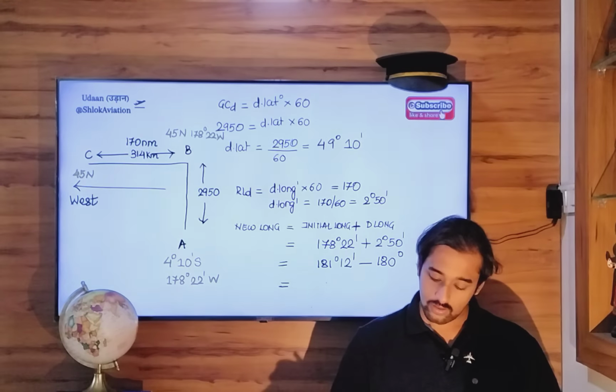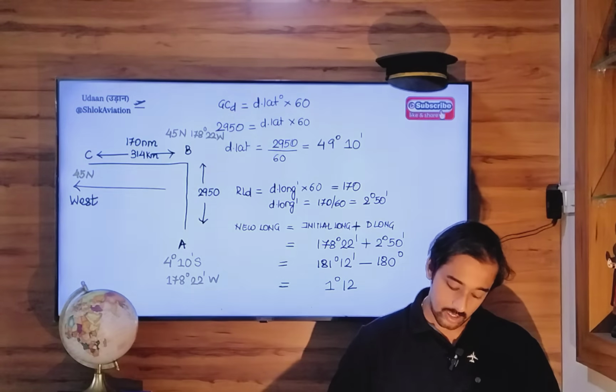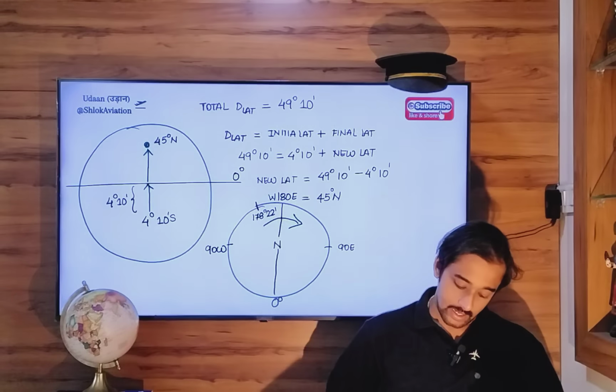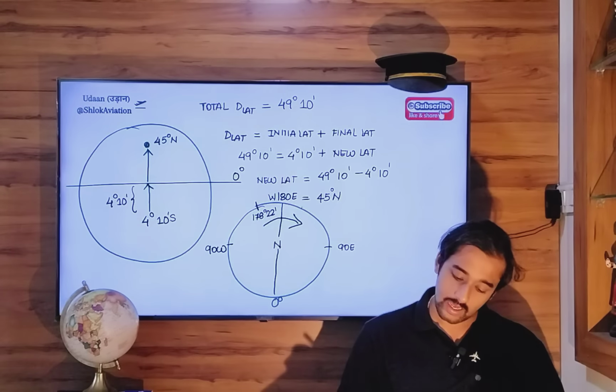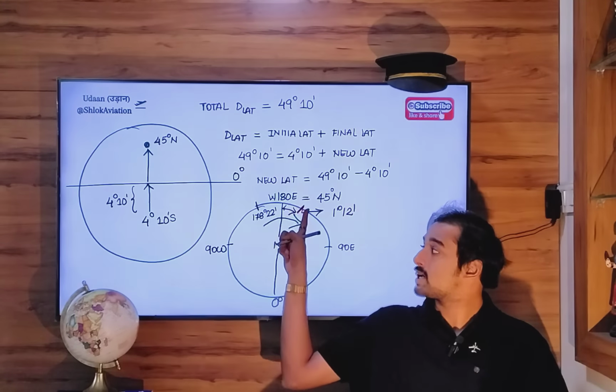Okay, then you get 1 degree 12 minutes. So that means you have entered the eastern hemisphere. The new longitude will be somewhere here at a difference of 1 degree 12 minutes from 180 degree.